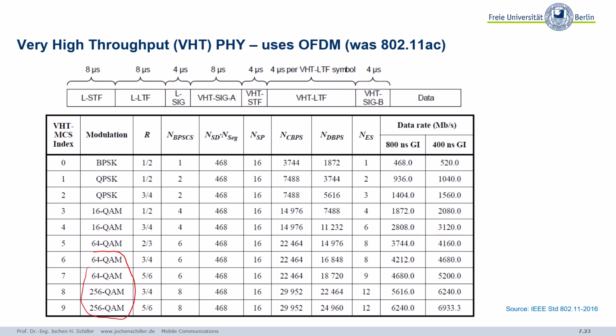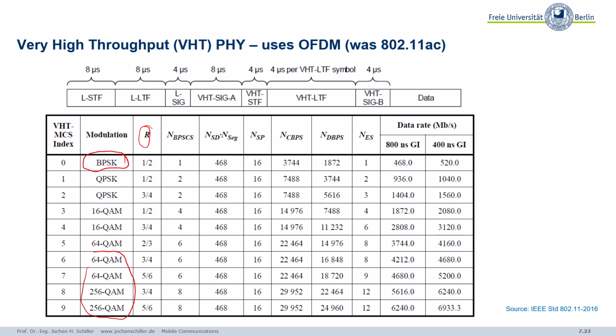That means how much redundancy you have to put into your packets to be able to reconstruct the original data. So coding, redundancy. If you have less redundancy, then the data rate goes up. That's pretty clear. If it has to be very robust, you use binary phase shift keying, BPSK.